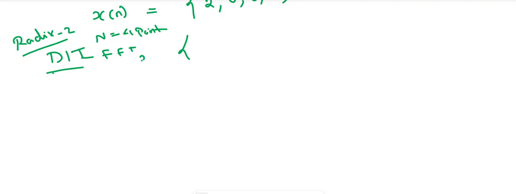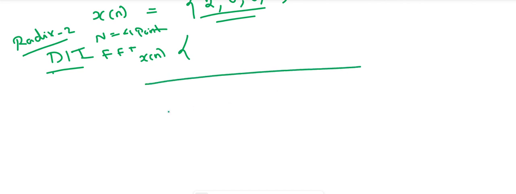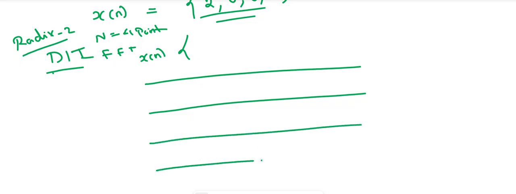X of n is equal to 2, 0, 0, 1. We'll take this value. So for a decimation in time algorithm, the input should be in bit reversal order.